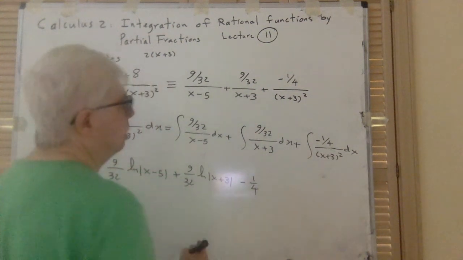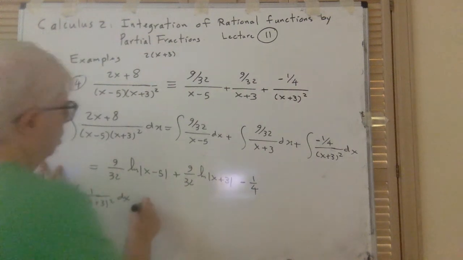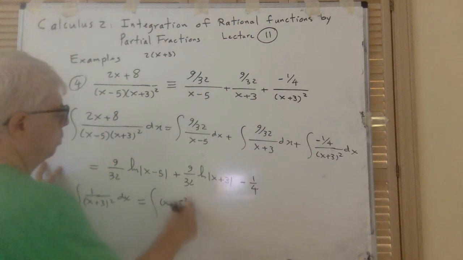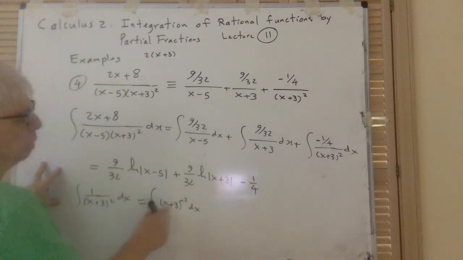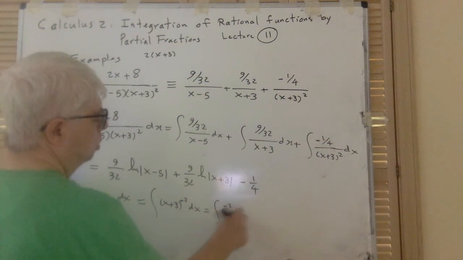Okay, so that is in fact like the integral of 1/x squared, right? So that is 1/(x plus 3) squared dx. So it is something like this, integral of (x plus 3) to the power negative 2 dx. You can write u here, so this is like u to the negative 2 du.